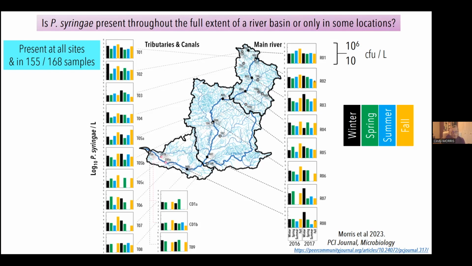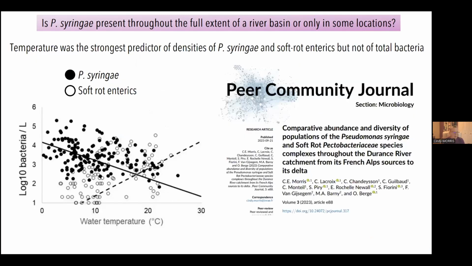We also looked at all the correlations with the environmental parameters, and really temperature was the most important explanatory factor. In this graph on the left, the values for Pseudomonas syringae relative to water temperature are the solid dots, and the ones for the soft rot enterics are the open dots, and they have absolutely inverse correlations.